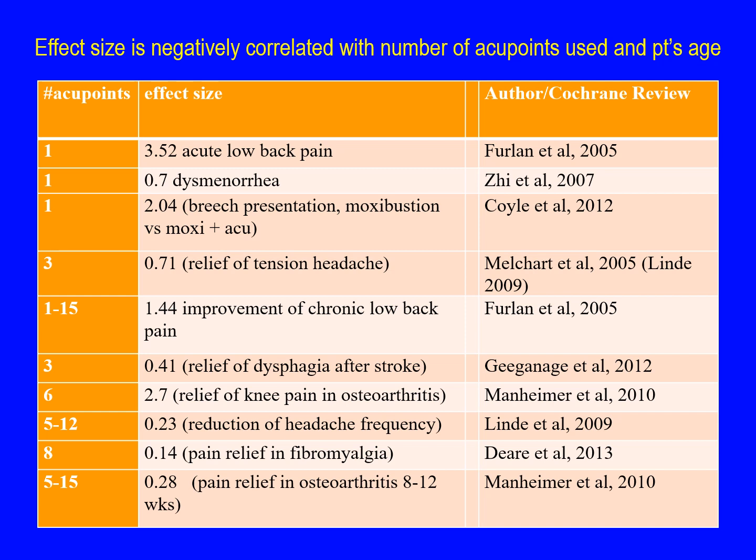Similarly, in the treatment for osteoarthritis, again, when relatively few acupuncture points were used, the effect size is larger compared to when a lot more acupuncture points were used, up to 15. The effect size was smaller.